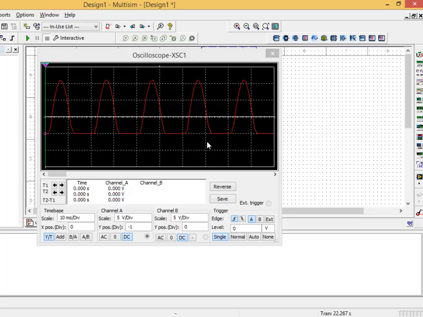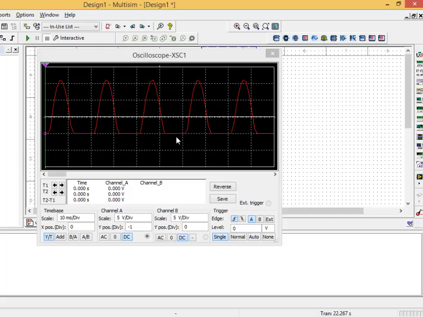What we have to do now is count the number of vertical boxes. We have one whole box, two whole boxes, three whole boxes, and something above the third box, so we are going to take it as 3.2. It is 5 volts for one box, and we have 3.2 boxes.